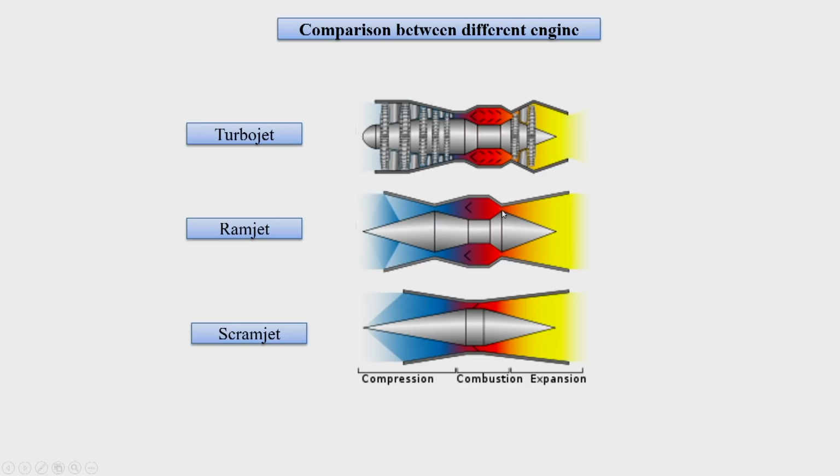The convergent portion would lead to a sonic exit and then the divergent portion would lead to a supersonic exit. But such a requirement is not there in the case of a scramjet engine, since we have only a divergent portion, since we have supersonic flow based combustion.